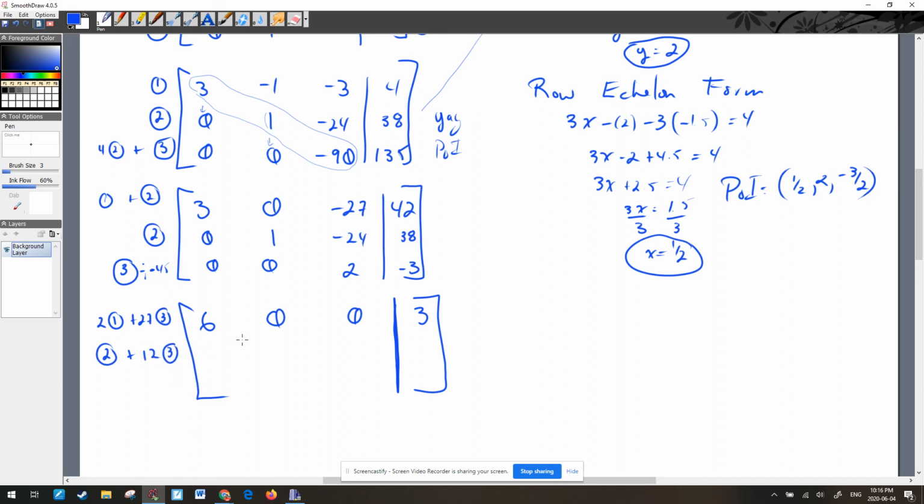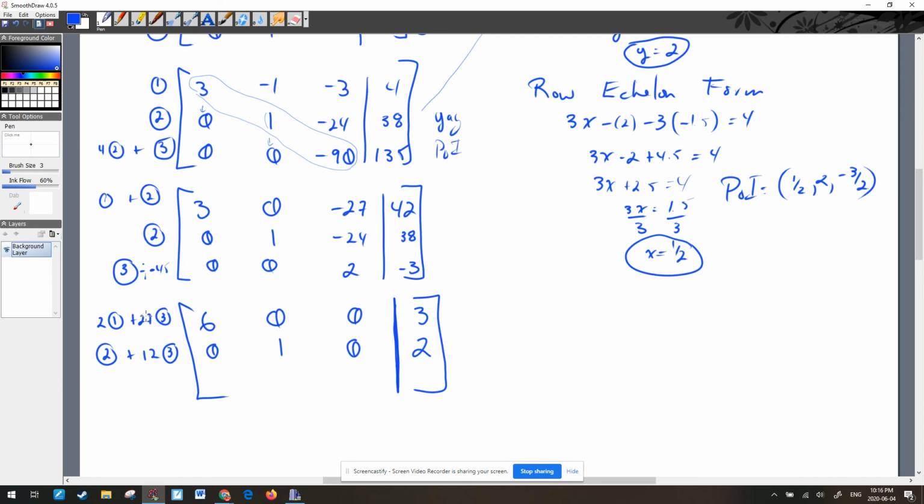So 0, and then here it's just going to be 1, and then 1 times negative 24 is negative 24. 12 times 2 is 24. Add those up, we get 0. And then 1 times 38 is lovely, that's just 38. And then 12 times negative 3 is negative 36. 38 plus negative 36 is 2. Ooh, that's good, because we can see that y equals 2.